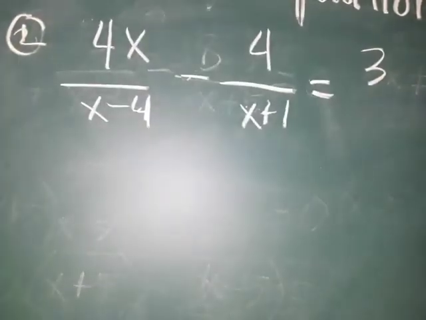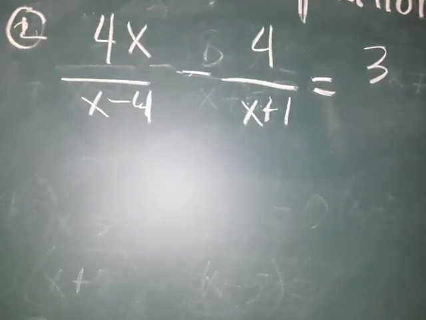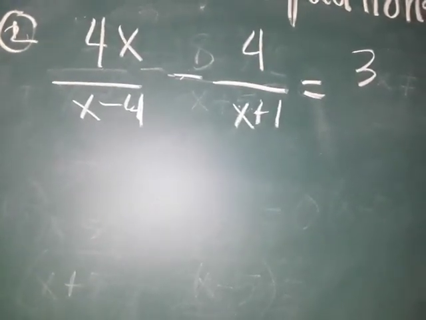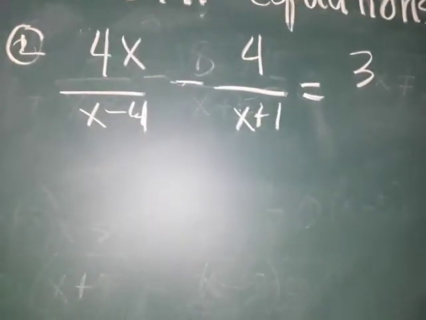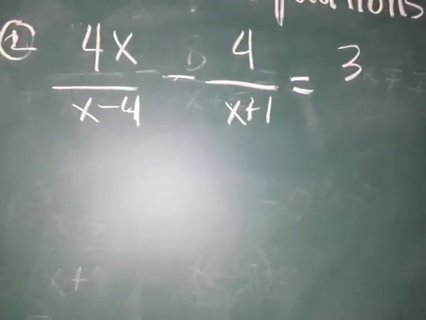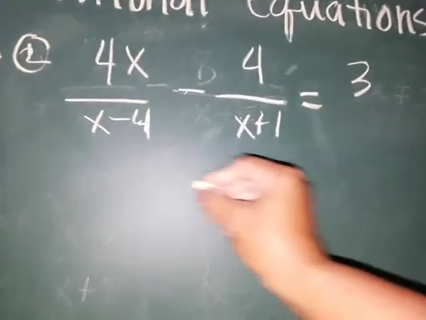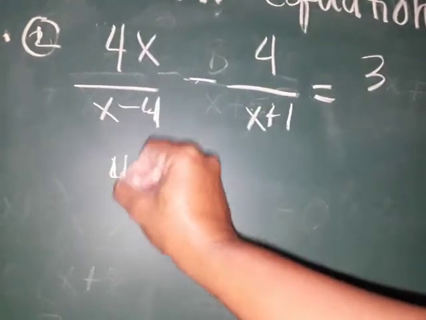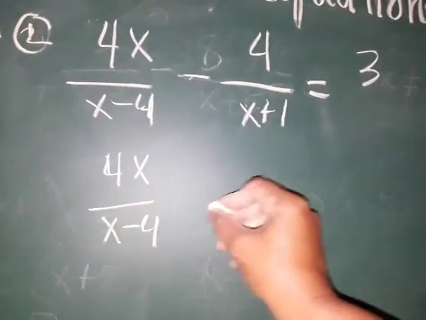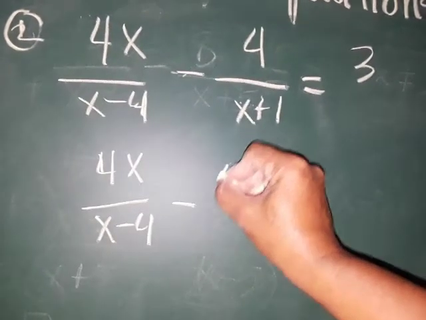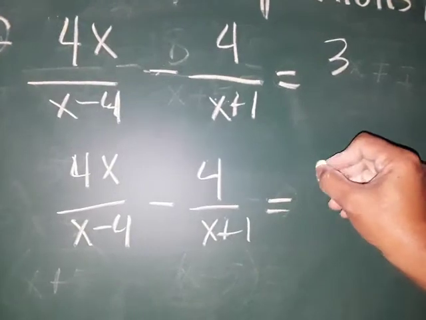Okay, so number 2. 4x over x minus 4 minus 4 all over x plus 1 is equal to 3. Of course, ang ating LCD ay x minus 4 and x plus 1. Okay, so rewrite lang natin. 4x over x minus 4 minus 4 over x plus 1 is equal to 3.